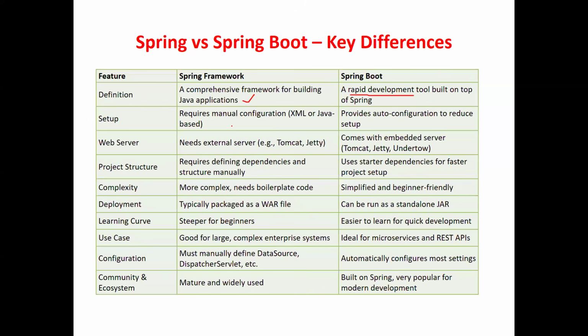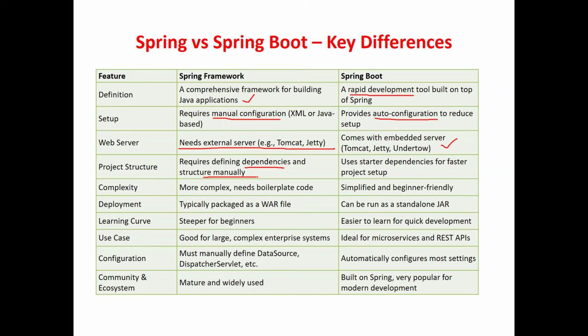Setup here: in Spring it is manual configuration, and in Spring Boot auto configuration reduces our setup. A web server needs an external server in Spring, and here it comes with an embedded server. In the project structure, we need to define dependencies manually to run your application and communicate with the database and everything.